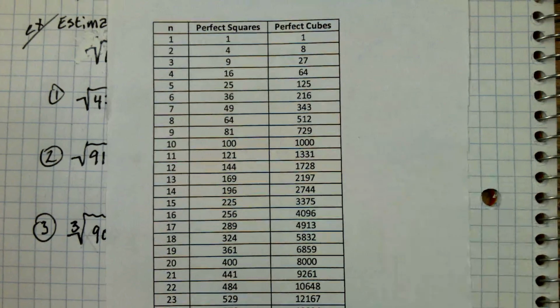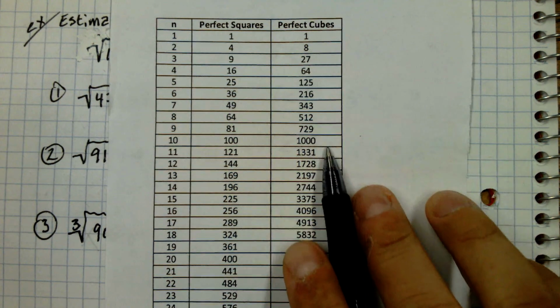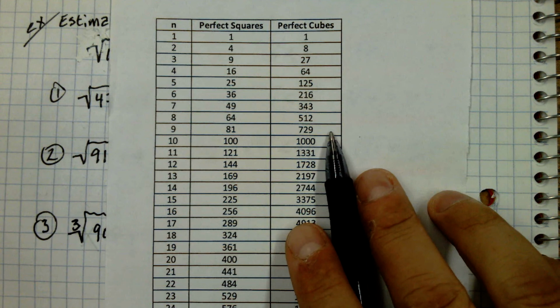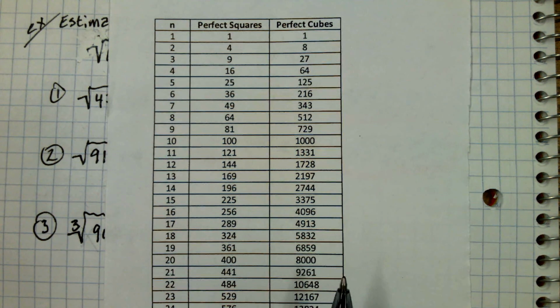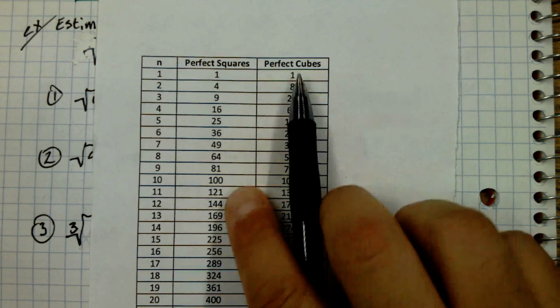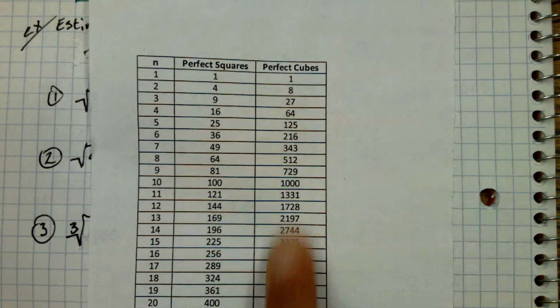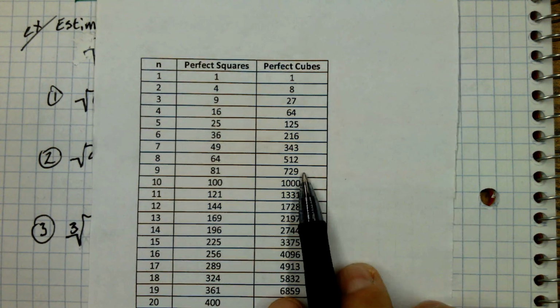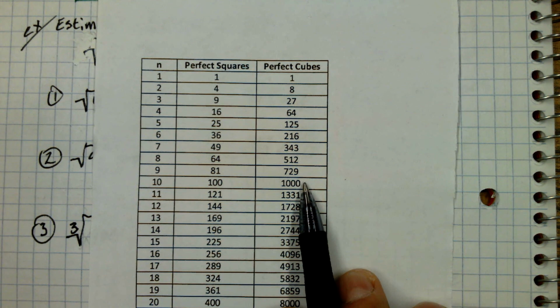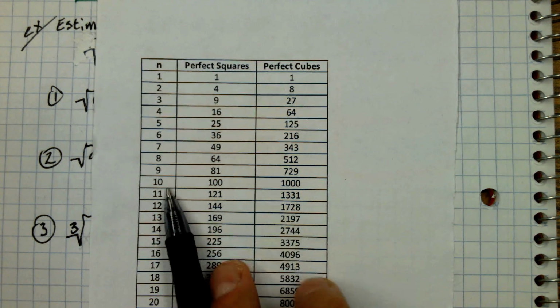So let's find where 900 is between. No, that's a square root. We're looking at perfect cubes. For cube roots, we look here: 729 and 1,000. That's what we want. So that would be between 9 and 10 again.